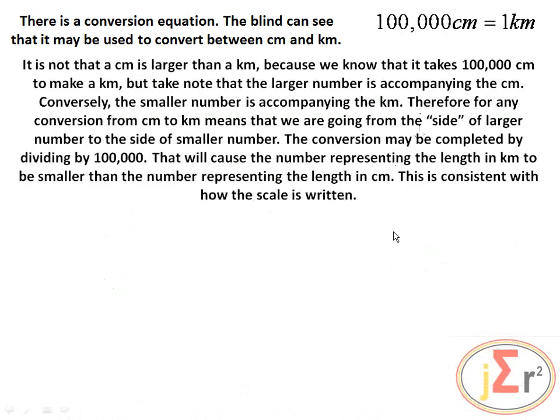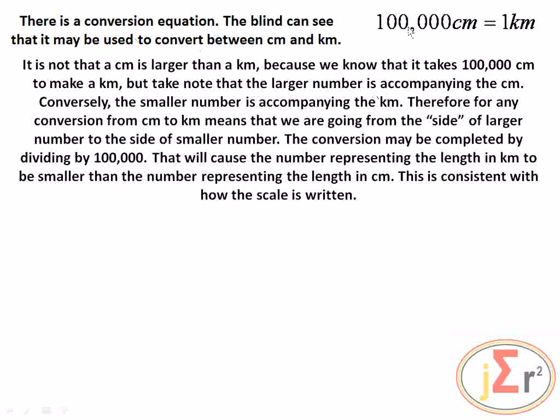It is not that a centimeter is larger than a kilometer, because we know that it takes 100,000 centimeters to make a kilometer. But take note that the larger number is accompanying the centimeters.